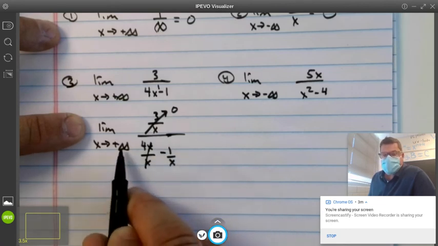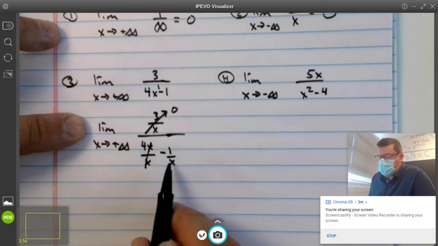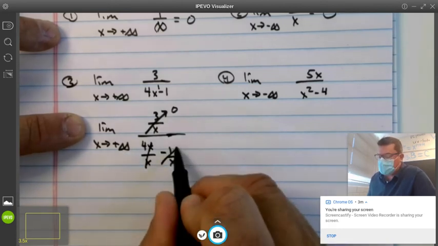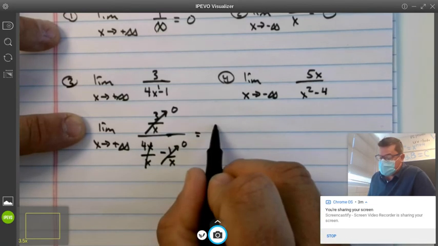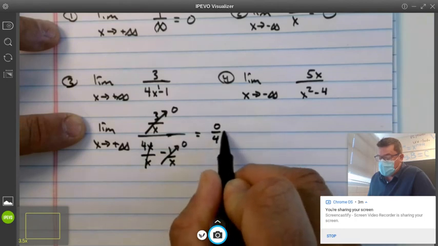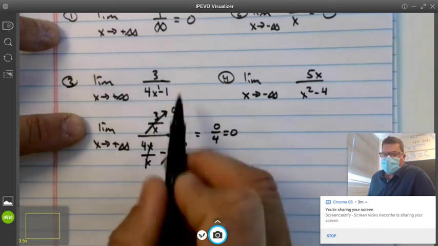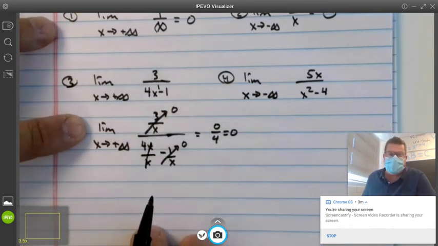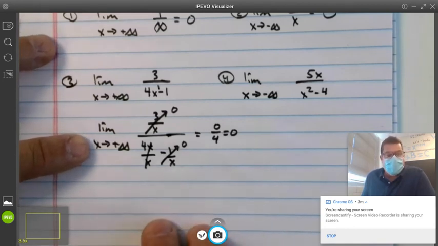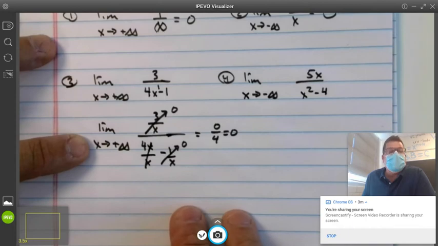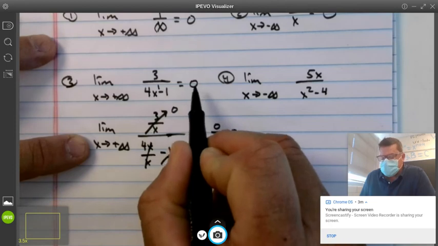That negative 1 over x, negative 1 over huge, that portion of the problem goes to 0. So our final answer, 0 over 4, which is 0. Again, using the asymptote method to find the limit as these things approach positive or negative infinity works every time, and it's much quicker. Okay, so the limit is 0, same as the horizontal asymptote.